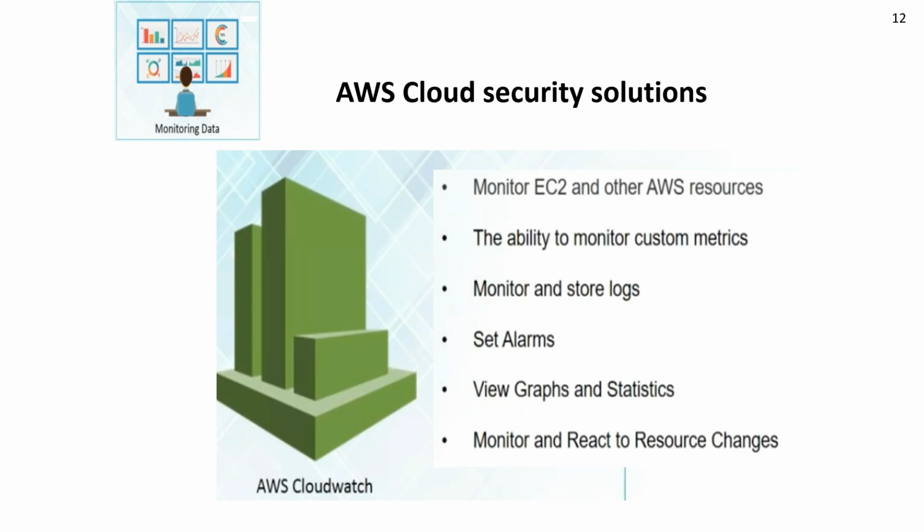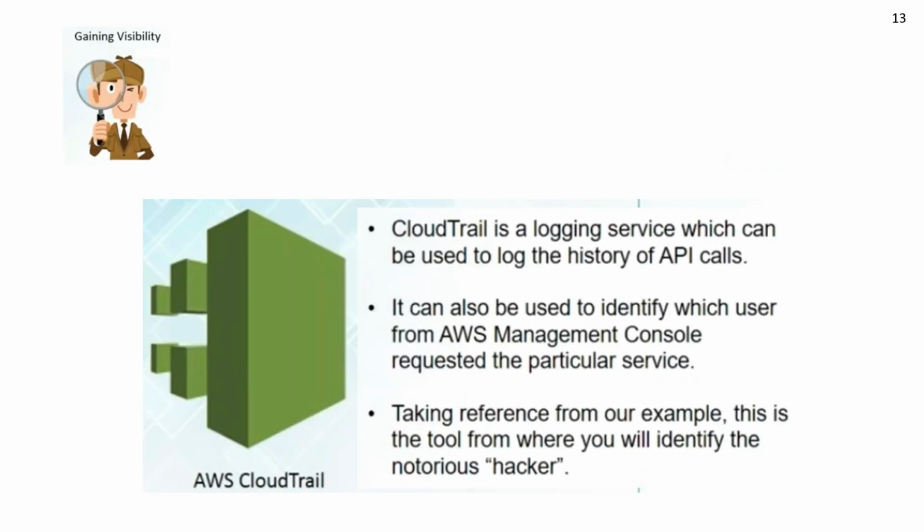I should say it's a very good service that helps you keep very close track of the resources on the cloud. Then next is gaining visibility. In AWS we have something called the CloudTrail service, and the equivalent in Azure is the Activity Log, and in GCP I think it is Cloud Logging. CloudTrail is a service that enables auditing, security monitoring, and operational troubleshooting.